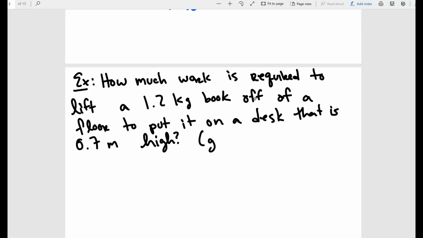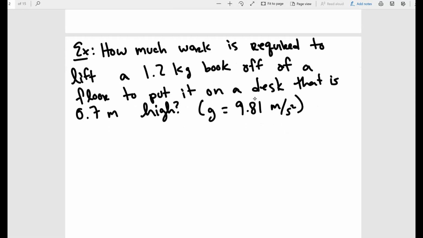And we are given that the gravitational acceleration is 9.81 meters per second squared. So here we're looking for how much work is required to lift a 1.2 kilogram book off of a floor to put it on a desk that is 0.7 meters high.